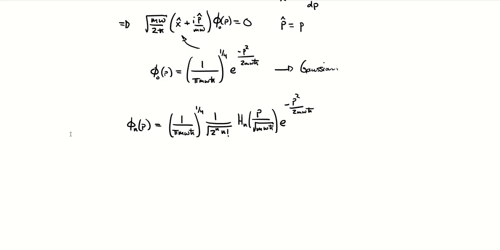So we get something similar to what we got in position space, except in momentum space, where momentum is now our variable. And we've got our momentum space wave function.